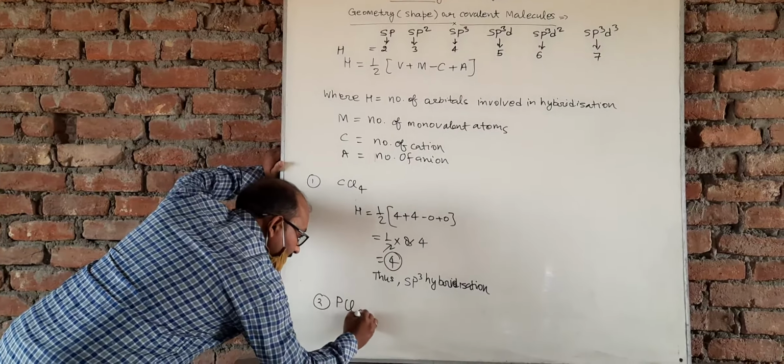So we get 10 by 2, which is 5, so PCl5, phosphorus pentachloride, has sp3d hybridization.